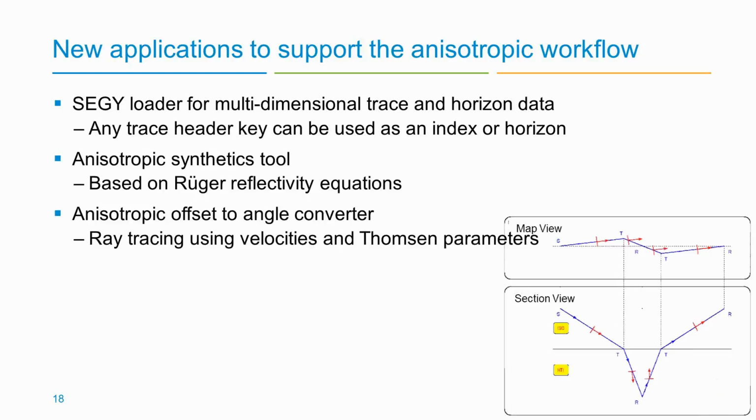And in the cartoon on the left you see that if you're looking at HTI data, the rays are not straight in map view or in section view. So the group velocity and the phase velocity are not parallel to each other. So you need to know what the deviation is both in azimuth and in angle due to your anisotropy.